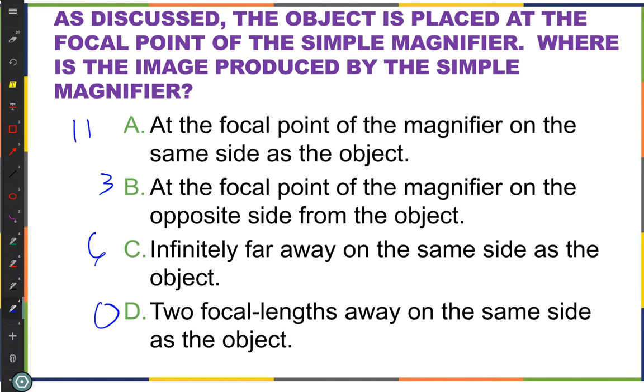So if we have the object at the focal point, then the image is at infinity because they never actually meet. And that was important to us because it allowed our eye to be relaxed, not straining to focus on something closer.